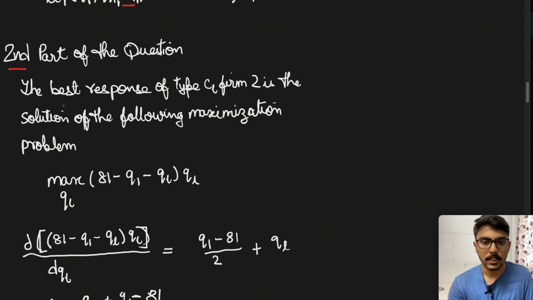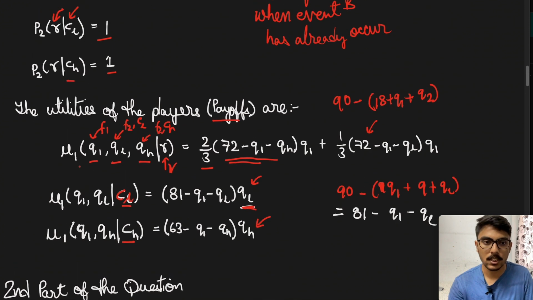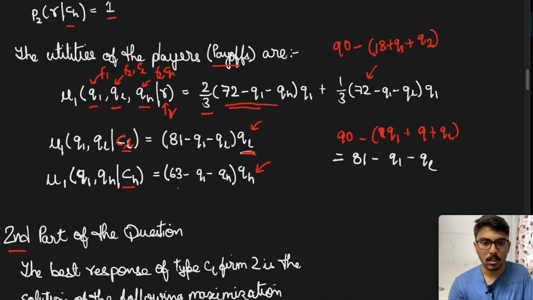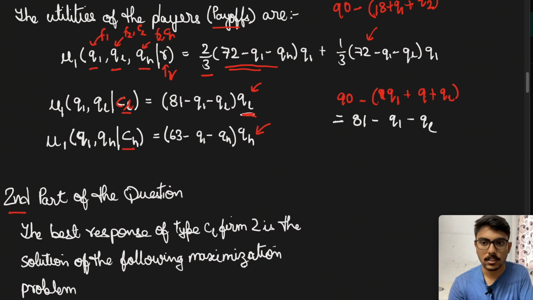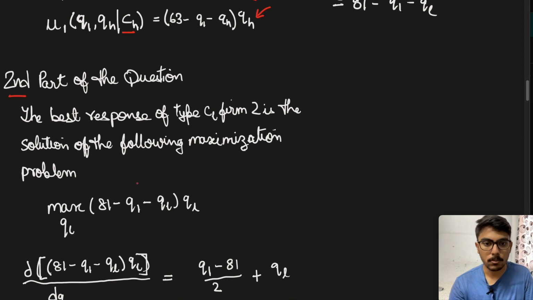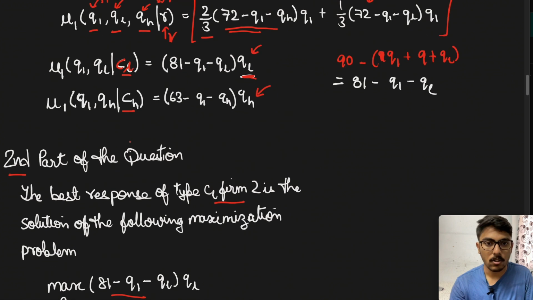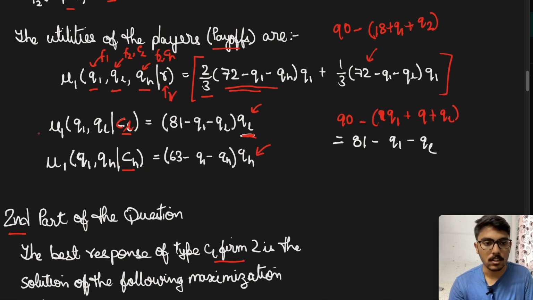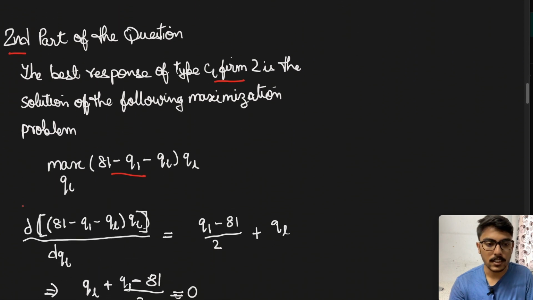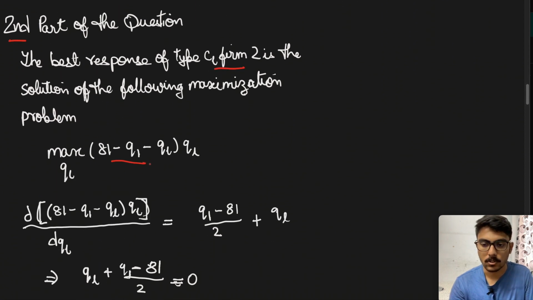So the best response for player 2 is the solution of the following maximization problem. Since the utility which we found out was this right here, so the best response of type CL in the case of, okay, so I misunderstood this. The best response when player 2 is playing CL, that is cost is 9. So in that case, this will be the utility associated to that.